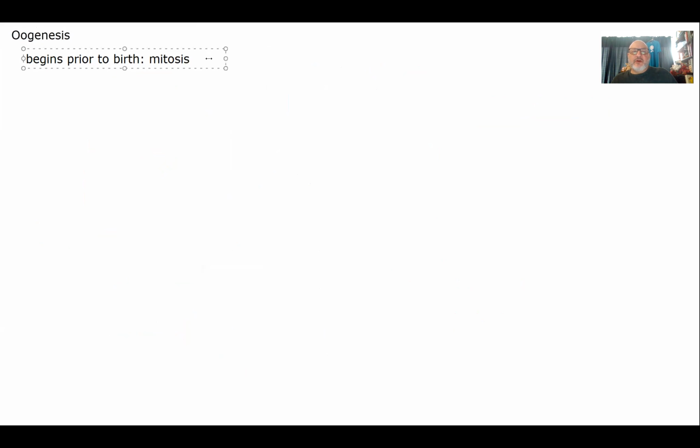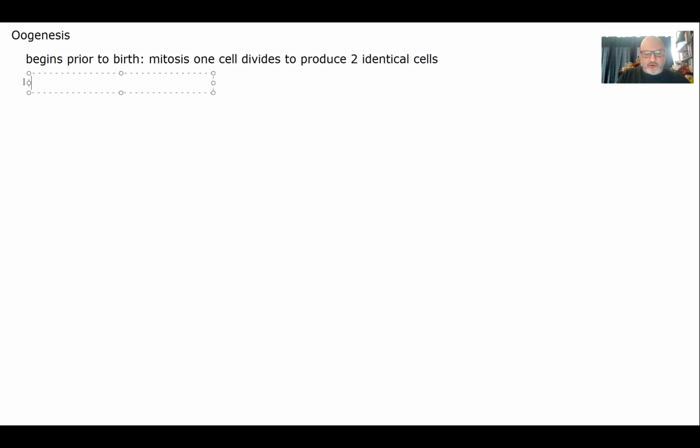Mitosis, again, remember, is where one cell divides to produce two identical cells. Identical to each other and identical to the original one. Of course, to do that, we need a stem cell as our starting point.